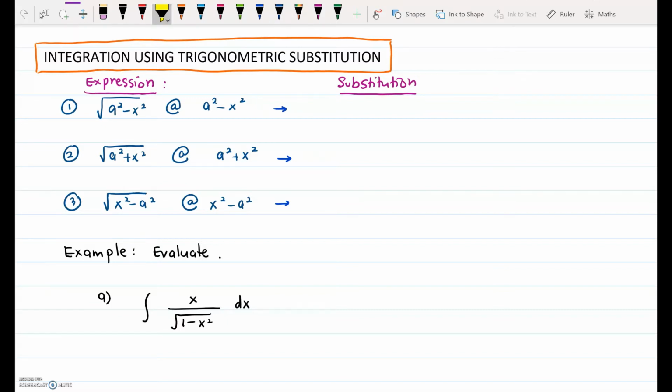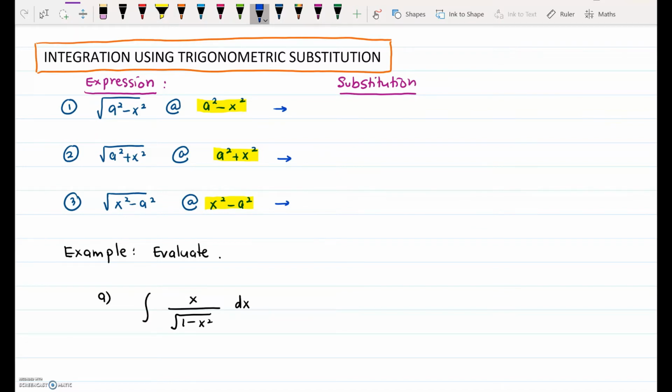The first one is the expression involving a square minus x square. The second one involves a square plus x square, and the third one involves the expression x square minus a square. For each expression, we will have its own substitution.